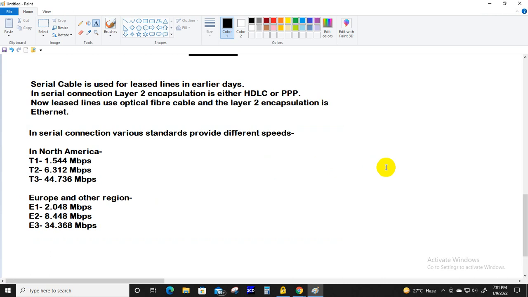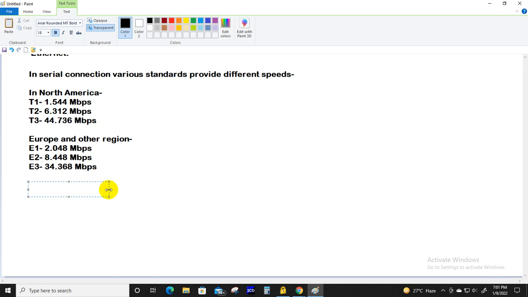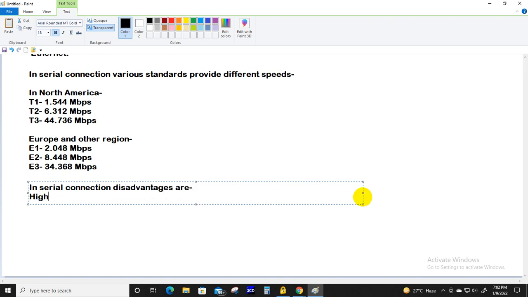So, what is the disadvantage? In serial connection, the disadvantages are higher cost, higher installation time, and slow speed.